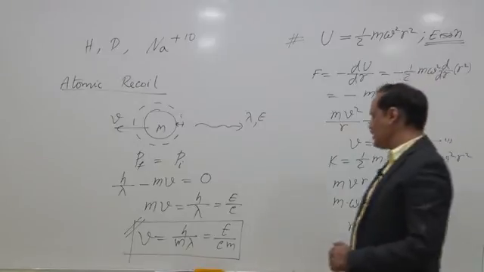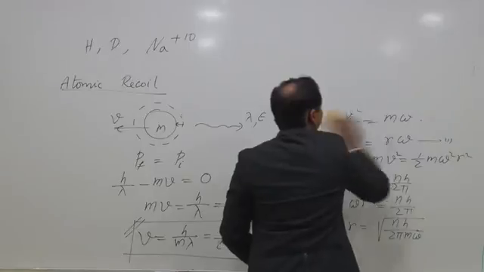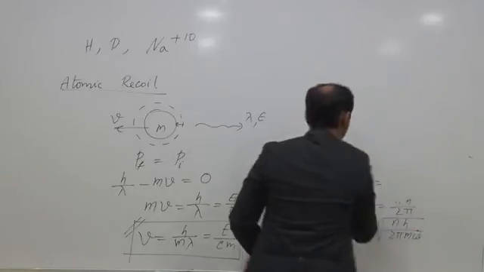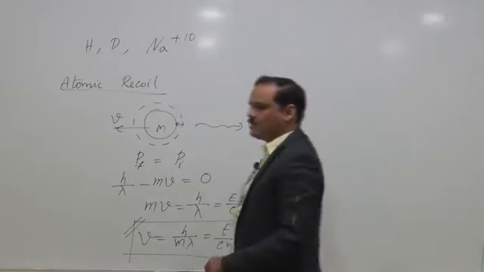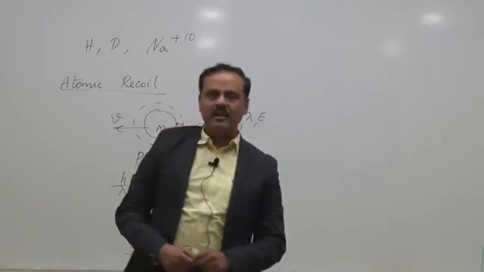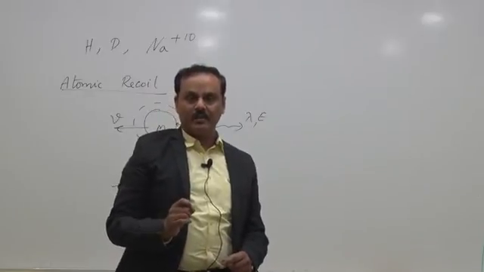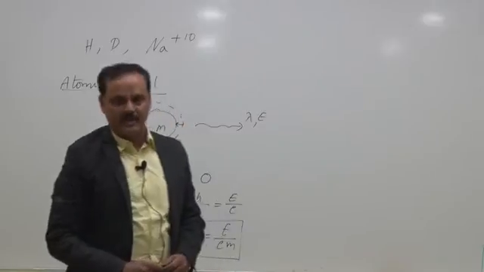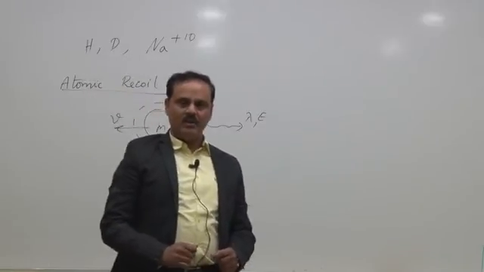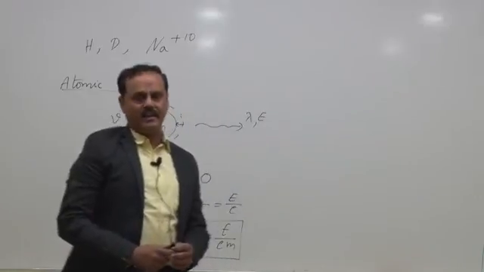Let us see how to use it. The question is: a stationary excited hydrogen atom de-excites by emitting a blue photon. Then find the recoil speed of the atom.